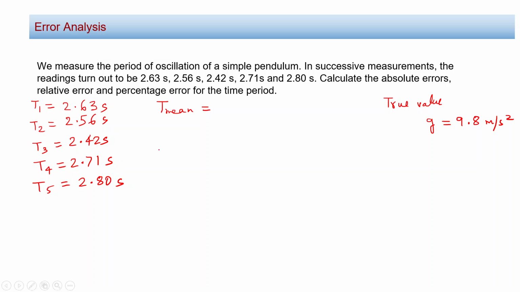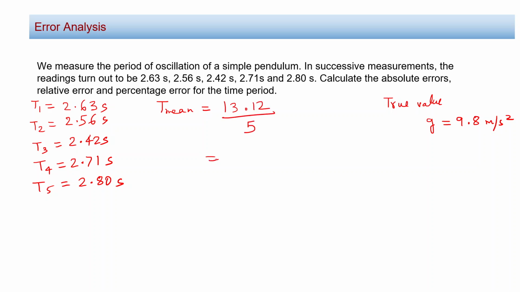Okay, I'll do it in my calculator. So this is 2.63 plus 2.56 plus 2.42 plus 2.71 plus 2.80. So the sum will be 13.12 and total observations are 5.